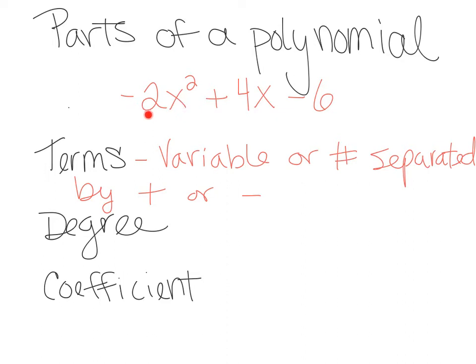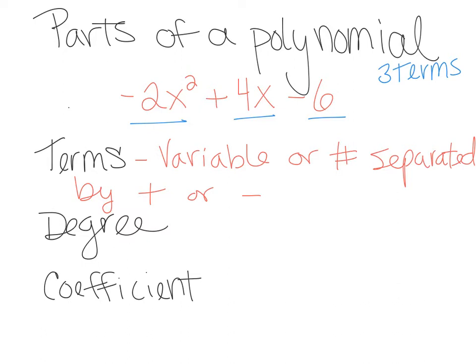We have negative 2x squared, and then in between there we have a plus sign. So that plus is separating negative 2x squared from the next term. 4x is going to be the next term that we have. Another minus sign separates 4x from the 6, and 6 is our last term. So this particular polynomial has 1, 2, 3 different terms.